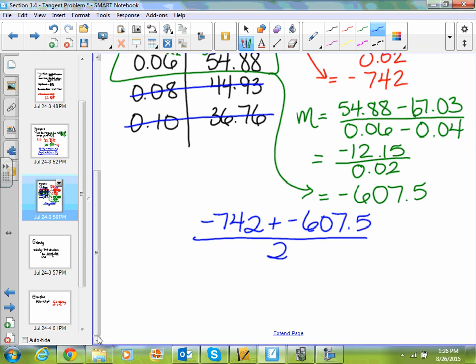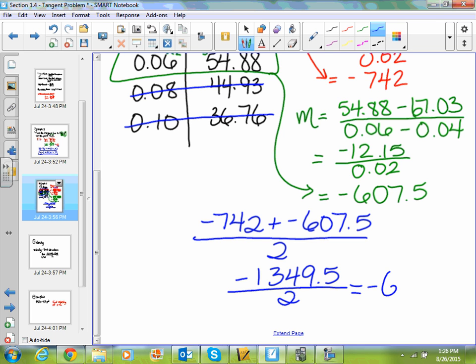So what's negative 742 plus negative 607.5? Negative 674.75. Before you divide by 2, what's just the negative 742 plus the negative 607.5? Negative 1,349.5. Okay, so the top adds up to negative 1,349.5. And if you divide that by 2, what do you get, Mark?